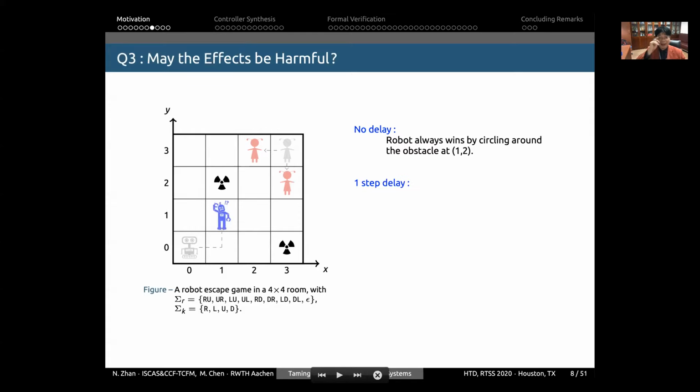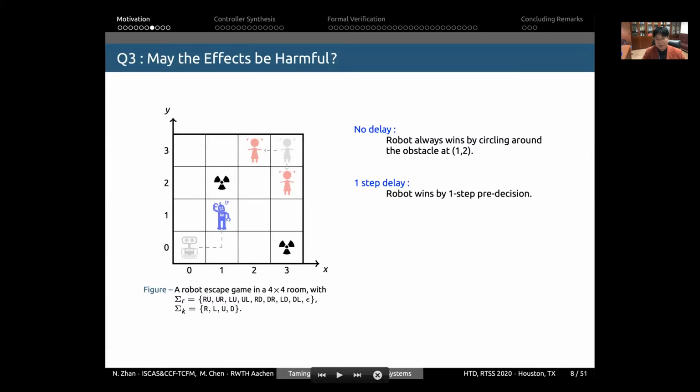But the problem is that the robot senses the environment through some sensors. The sensor may take some time, which means that the robot cannot get the current environment data, only data with time delay. For example, here we consider 1 step delay.